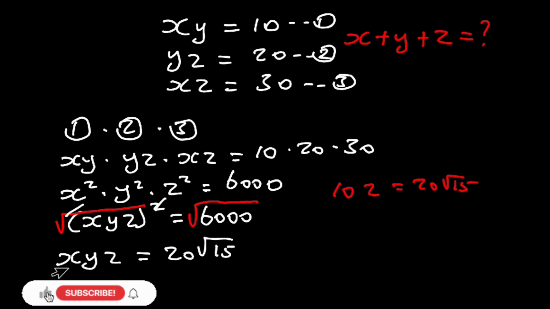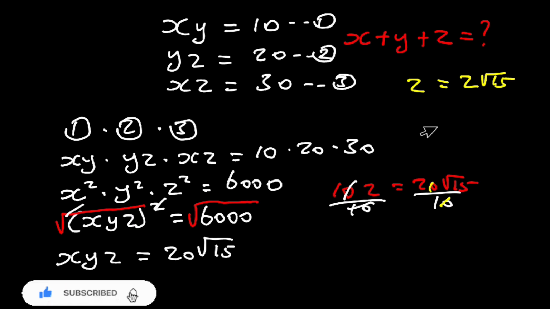So let's divide both sides by 10. So this and this will cancel. We have that z is equal to 2 root 15. So this is the value of our z.